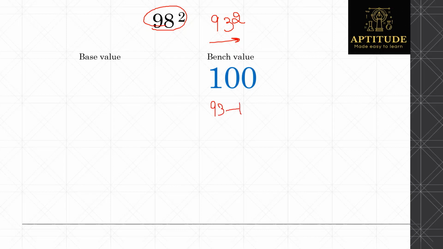93 minus 100 I should consider because it is less. Difference is 7 and the symbol is minus. So base value will be 93 itself. And it is minus, so I'll subtract 7 from this. 93 minus 7 is nothing but 86.